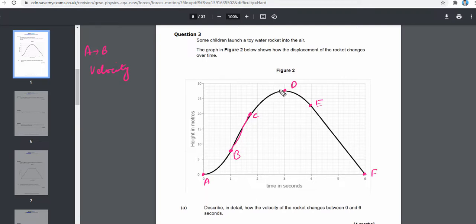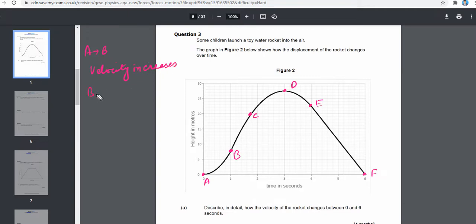If the gradient is 0, like a horizontal line, then we'll say that the velocity is 0. So we will move according to the gradient. So from here to here, the gradient of the graph is increasing, so we'll say from A to B, the velocity increases.